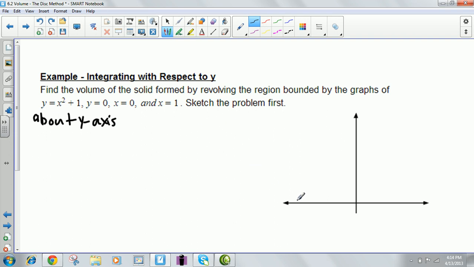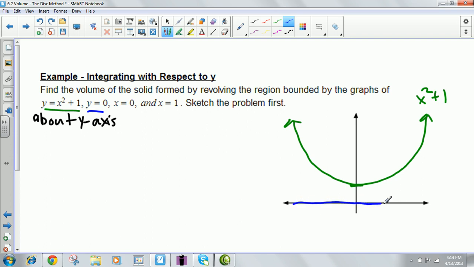So first of all, let's set this up. You have x squared plus 1. Let's do this in green. So x squared plus 1 would be something like this. That's actually not bad. I'm impressed. Then your next one, y equals 0, is this line here.